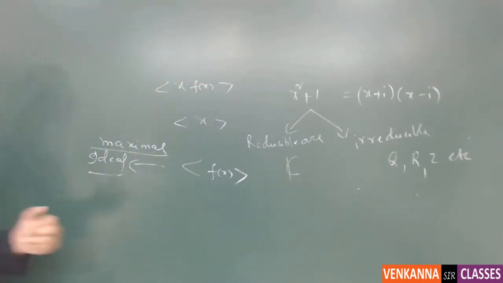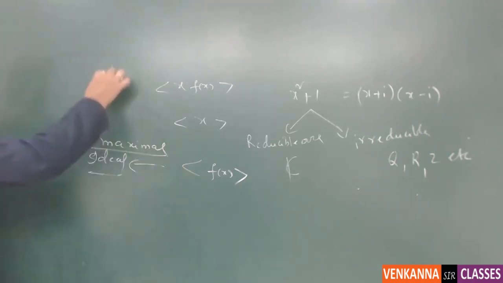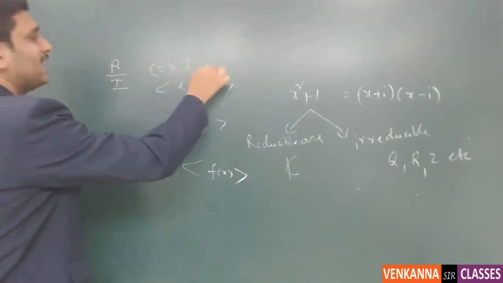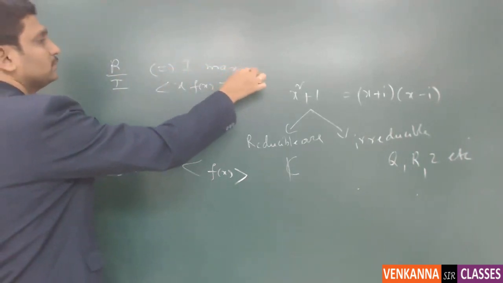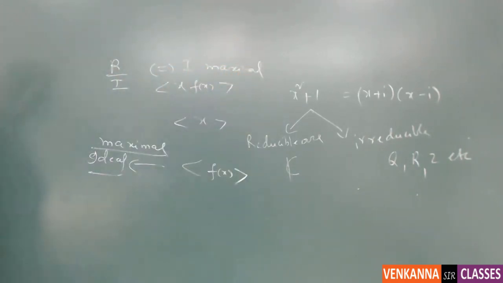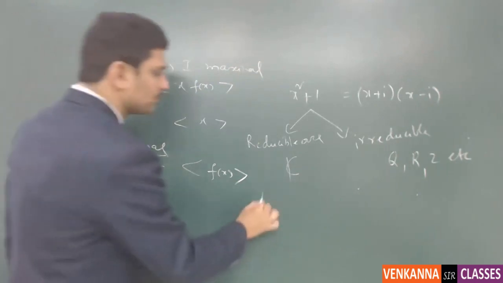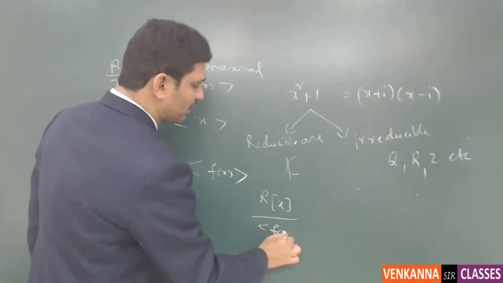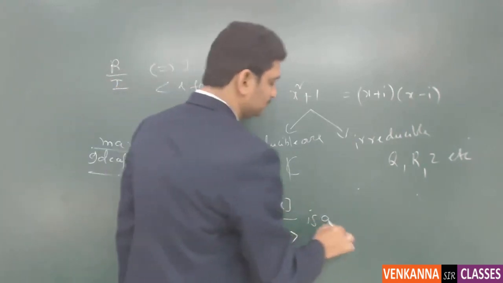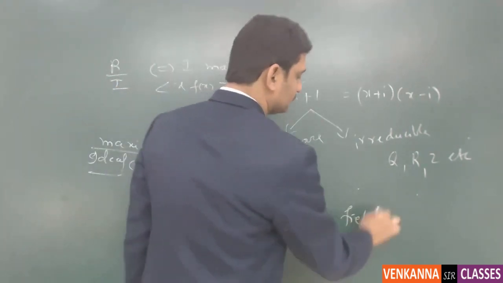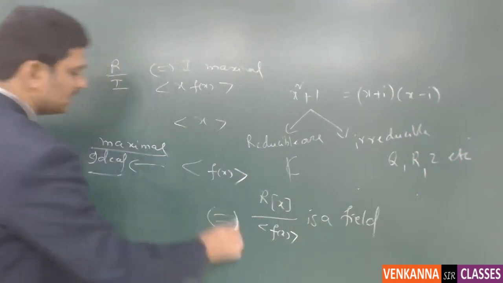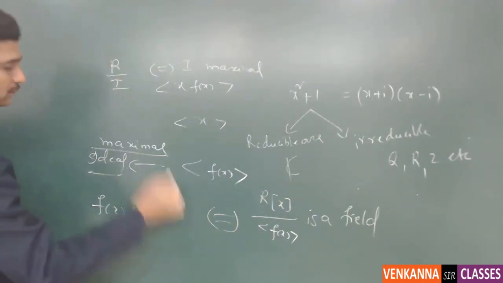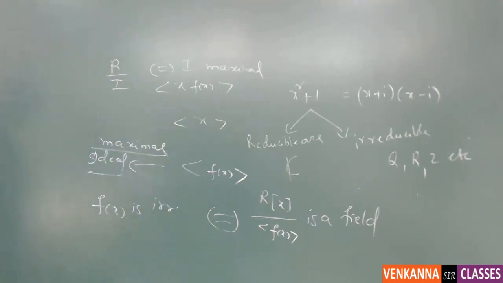Okay, and we have one famous result that R by I is a field if and only if I is maximal. Similarly, F of x modulo the ideal generated by f of x is a field if and only if f of x is irreducible. That is the advantage of it.